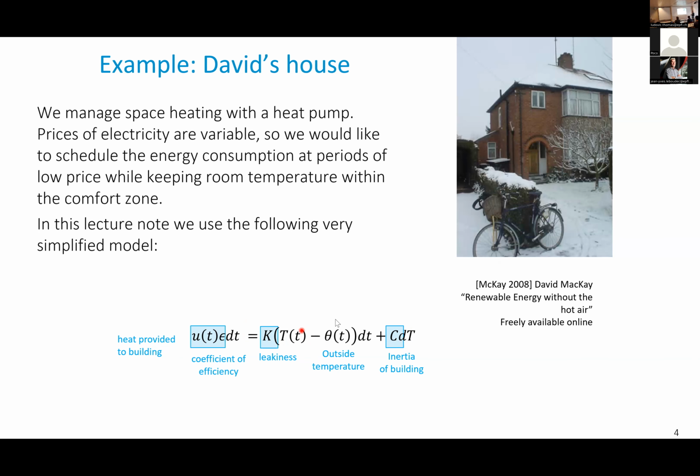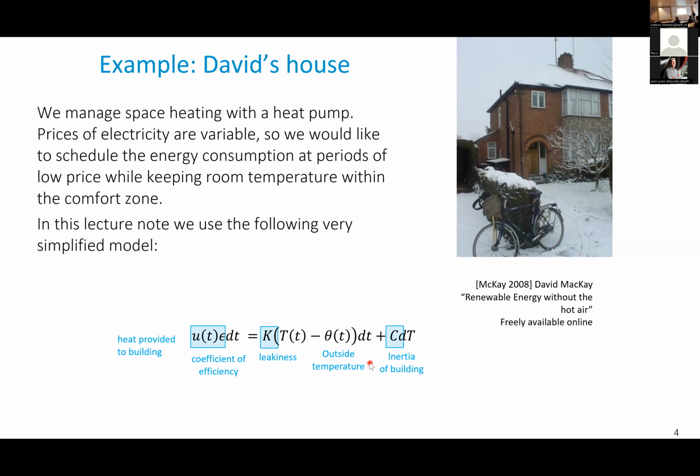So in this simplified model, there is only one temperature. It is simplified in the sense that there is only one temperature. In a more realistic model, the temperature is not uniform everywhere in a house. We would need a multi-dimensional model, but we won't do this. That makes it complicated and improves a bit the accuracy, but not much. So most of the energy we use, we hope, goes into increasing the temperature of the house.